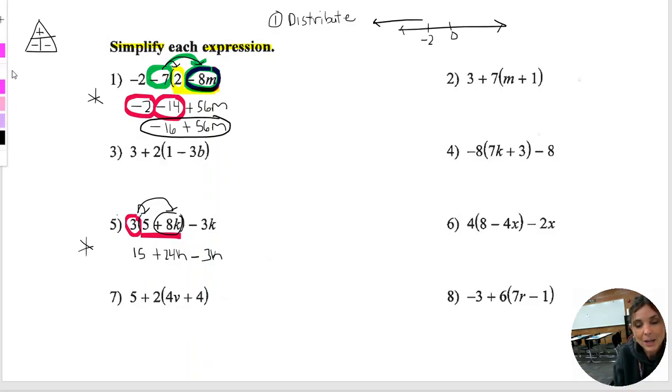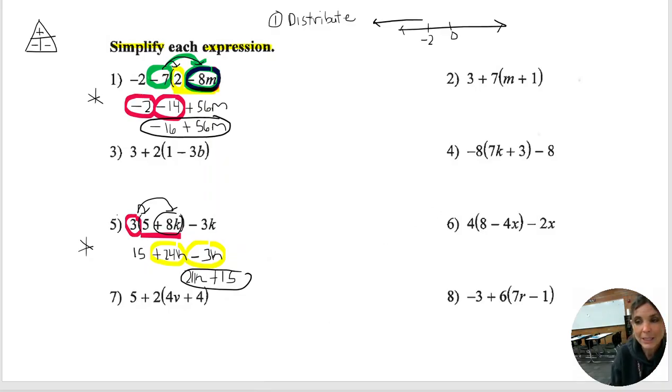Like terms are the two terms that have the exact same variable to the exact same power. So that is a positive 24k and a negative 3k. And when I look at those two, 24 is a bigger number and it's positive. So we know our answer is going to be a positive 21k. And then we have a positive 15. That is going to be our final answer.